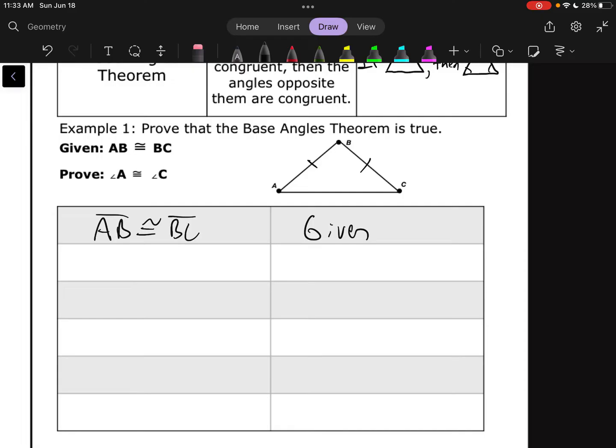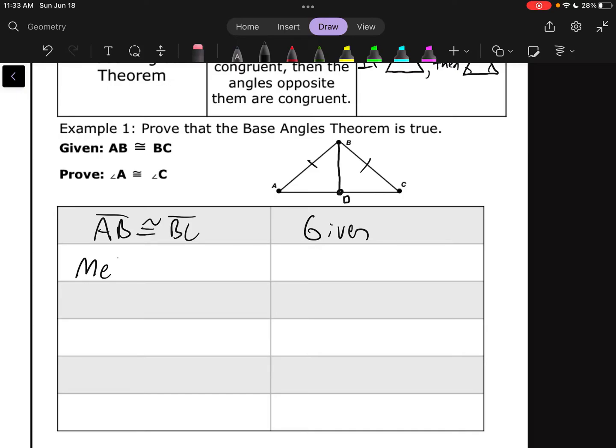So what we're going to do is make this into two triangles. And this is something that you can do using constructions. Constructions are those sets of steps that we can follow to build things. And one thing that we can do is construct a median.